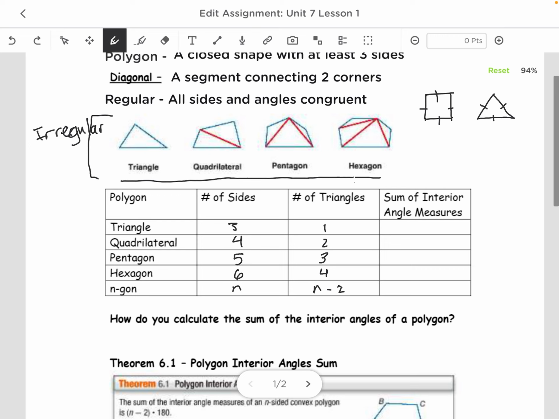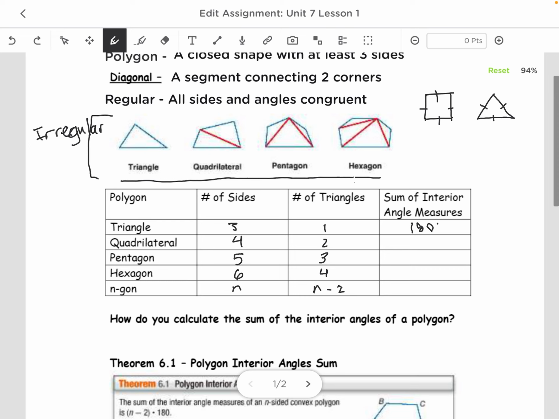Okay. Now the sum of the interior angle measures, the last box we're going to fill in on our table. If you know how to fill this in, go ahead and do so. Pause the video and you can check yourself when you're done with that. So the triangles, every triangle has 180 degrees in it.